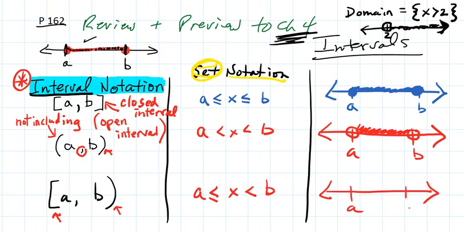And the visual on the number line would look like this. Closed solid circle there, everything in between, and an open circle at b. Any questions about that?